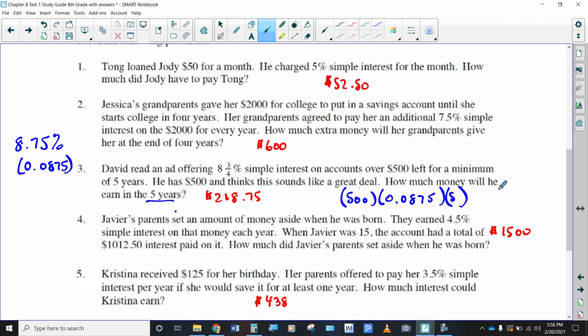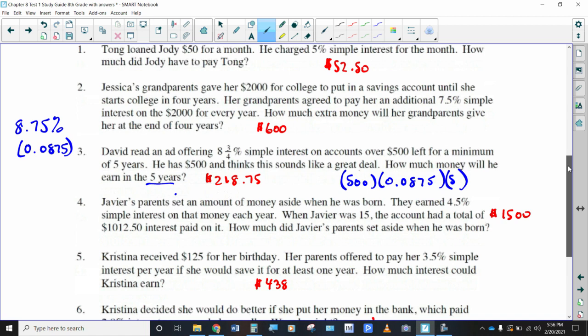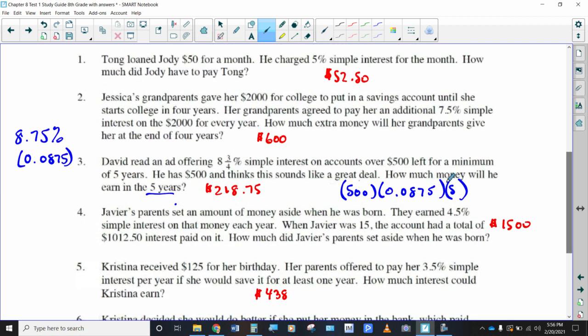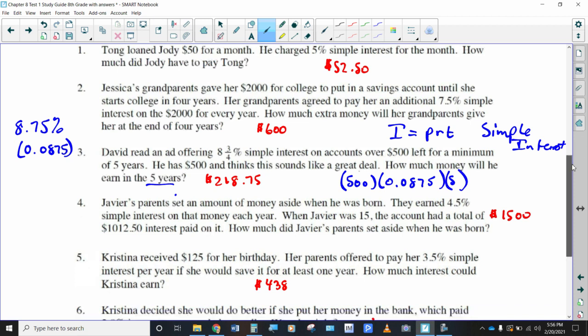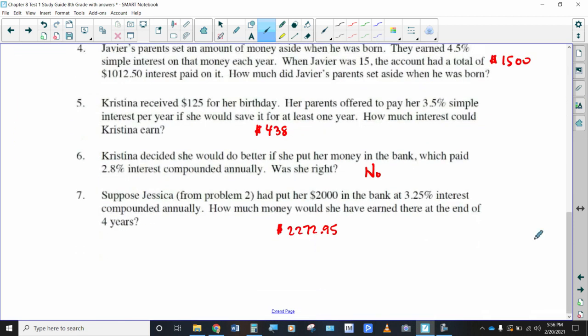Okay, so I'm assuming at this point we've done 3 different examples. You should have the basics of how to use the formula I equals PRT whenever you see a problem that says simple interest. Now, the last 5 problems all have to do with compound interest.